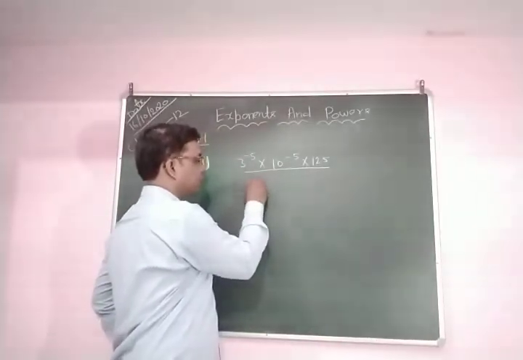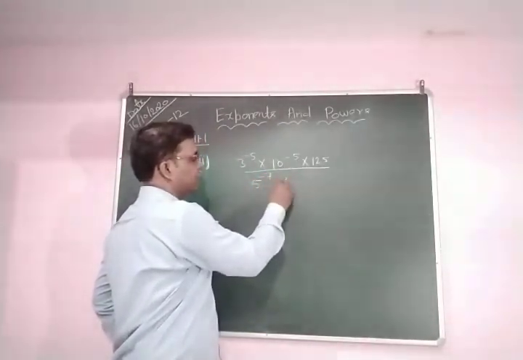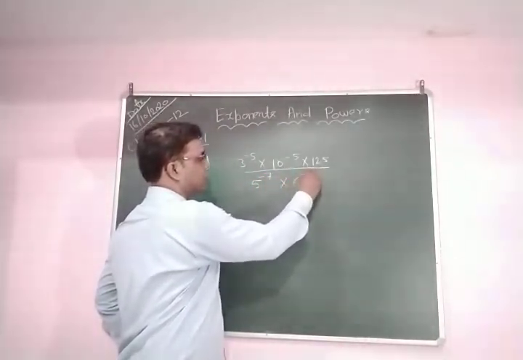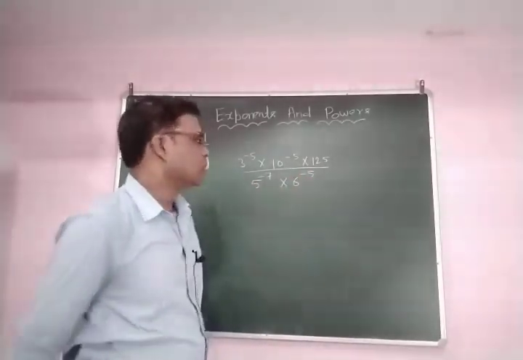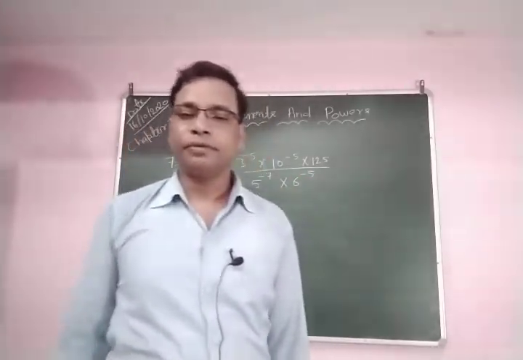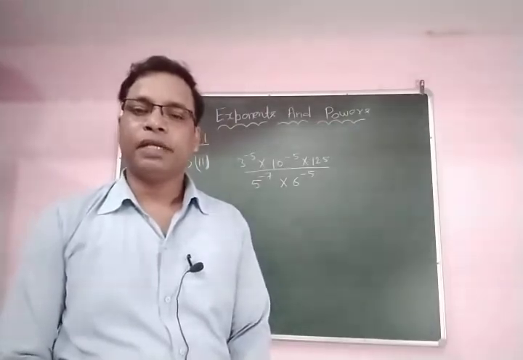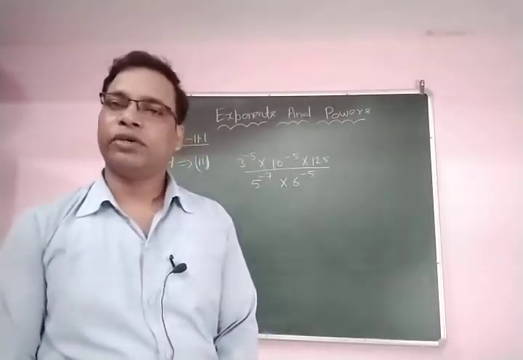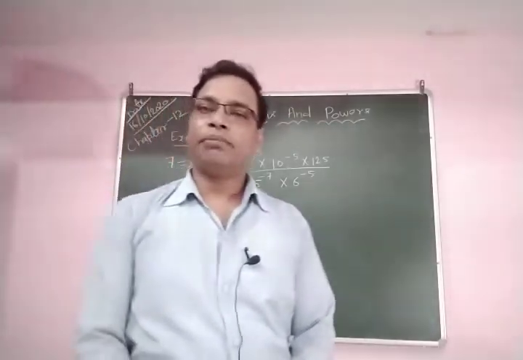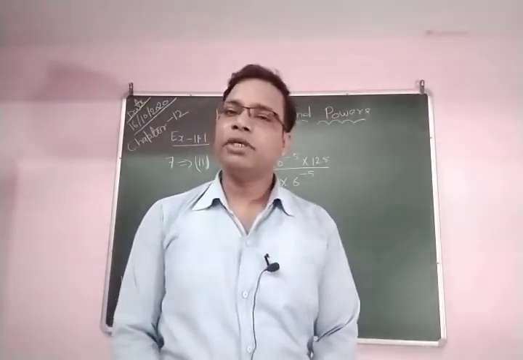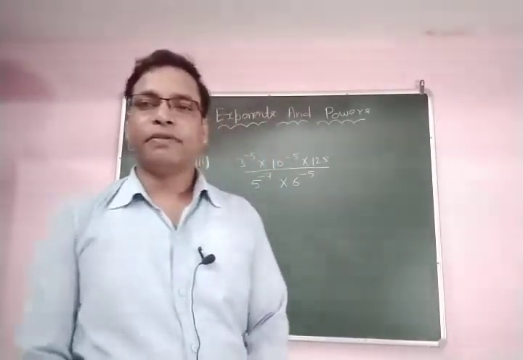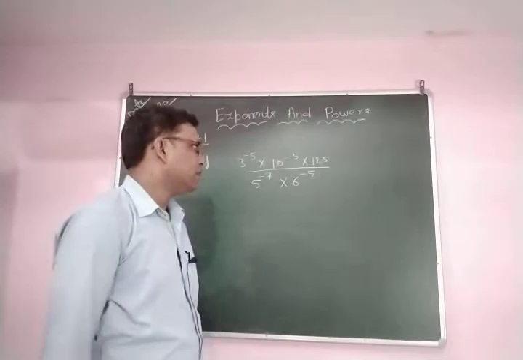This is the second part of question number 7: 3 power minus 5 into 10 power minus 5 into 125 divided by 5 power minus 7 into 6 power minus 5. Okay, let's see how to simplify it.